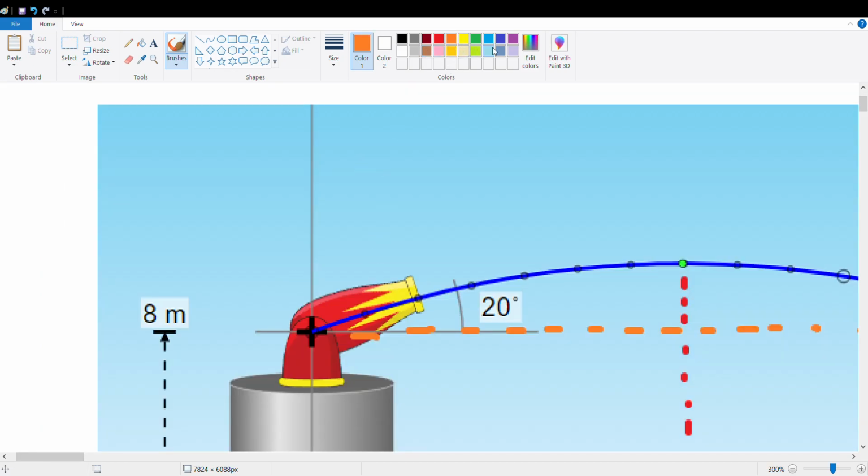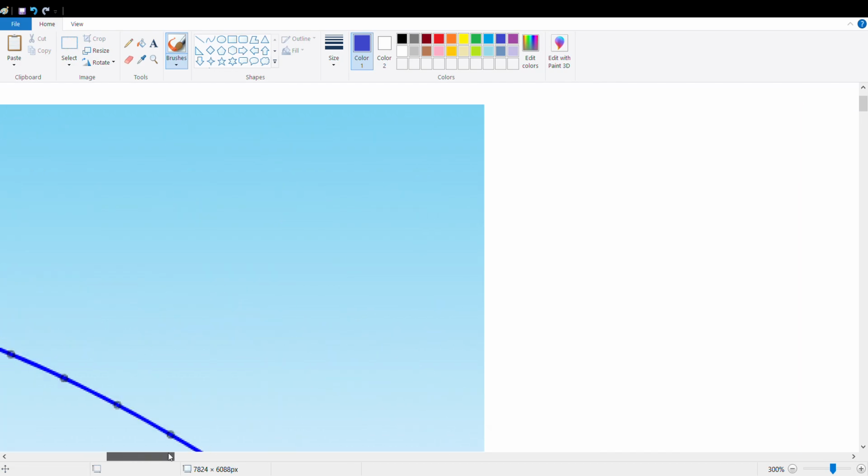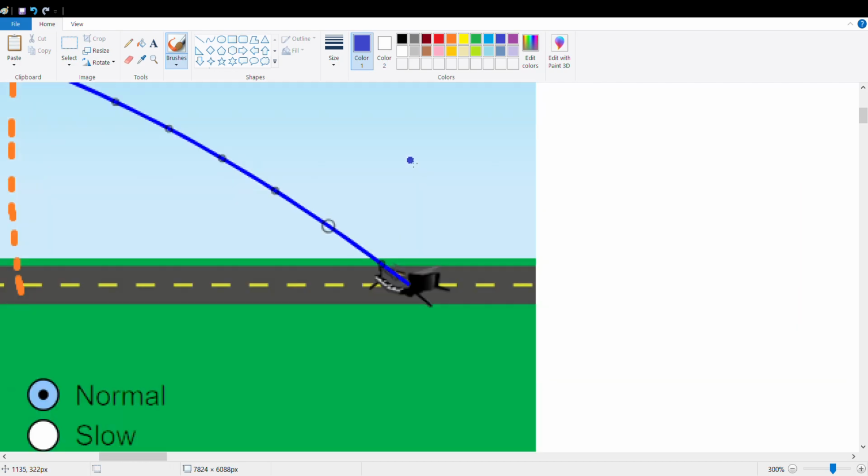So we have VI here, and for here, which is 0, VI, VF, VF, VI, and for the last one here, which is also VF and VF.